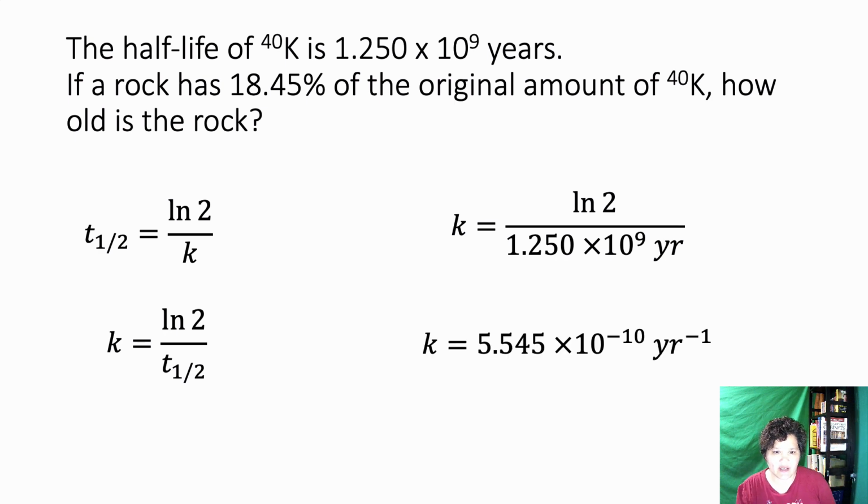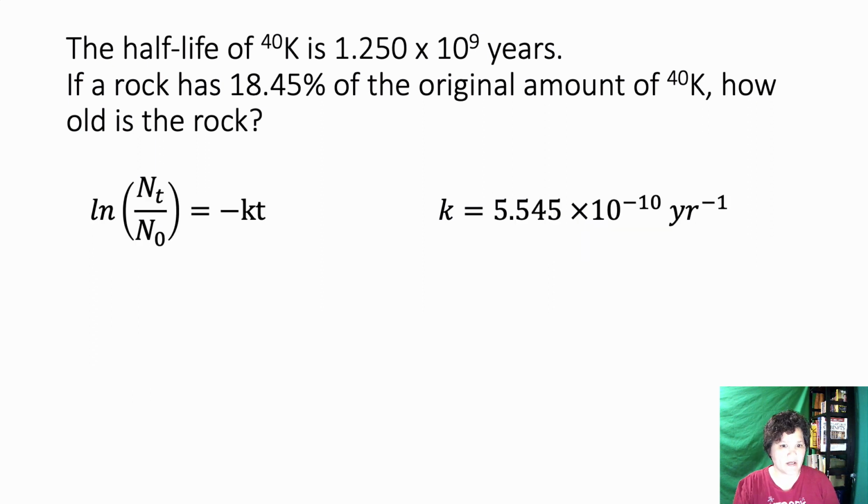And that gives us a rate constant of 5.545 times 10 to the minus 10th inverse years. So the units on your rate constant are always going to be the inverse of whatever unit you have on your half-life. Okay, now that we have our rate constant, let's plug that into our original equation.